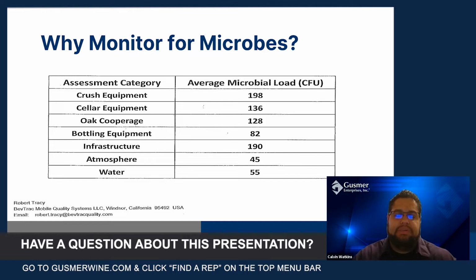So it's actually not insignificant. The building itself is a source for micro. Followed by cellar equipment, barrels, bottling, the atmosphere or the air, and water, so processed water, and we'll talk about that later. But that's an important source of micro.